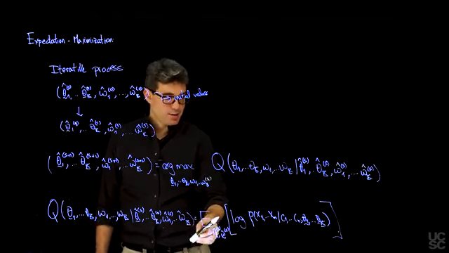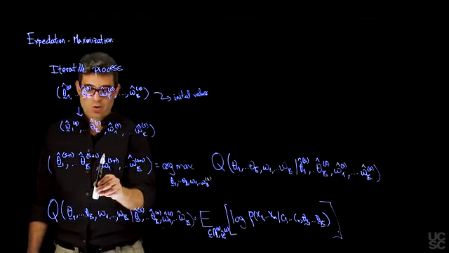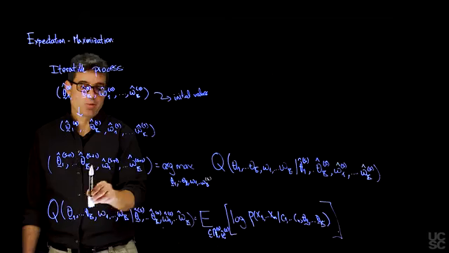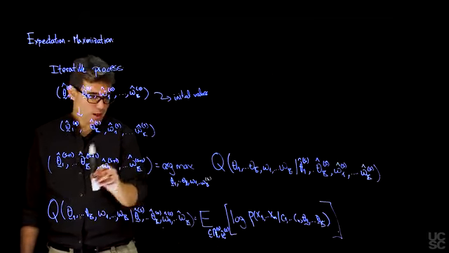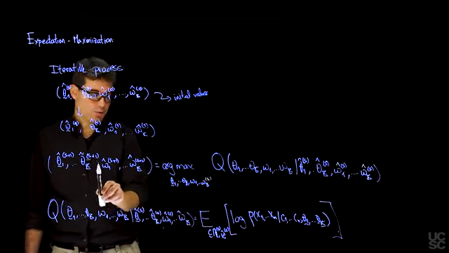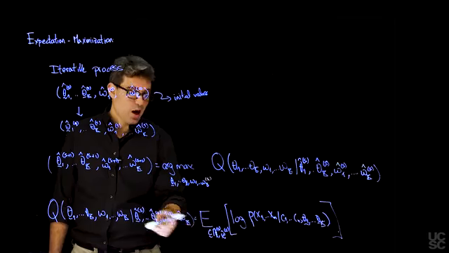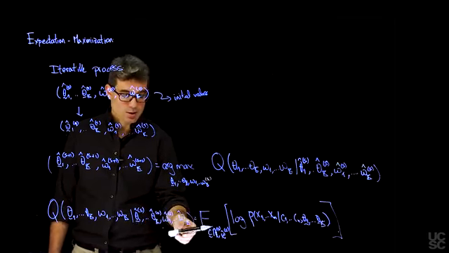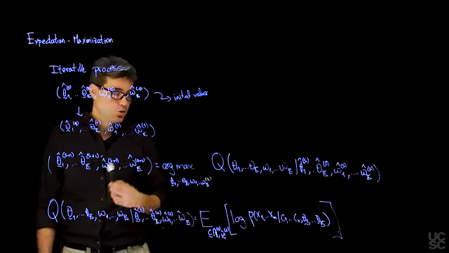And given that guess, you're going to construct this function Q and maximize it to get a new estimate of the parameters. And then you just repeat the process. You're going to use this new estimate of the parameters to create a new guess at what the values of the C's are. And given that guess, again construct a new Q and maximize that new Q to obtain the results.